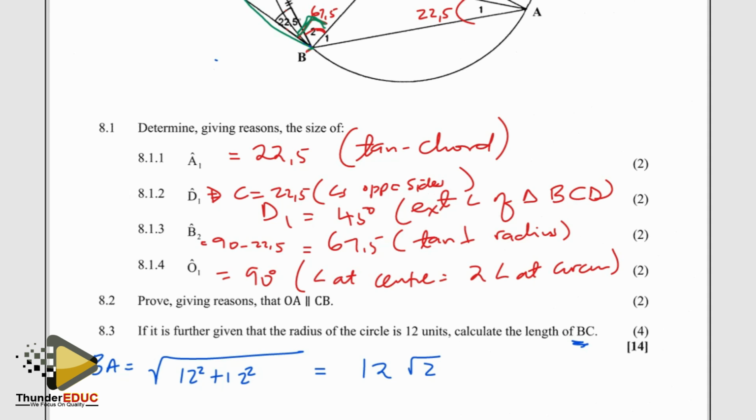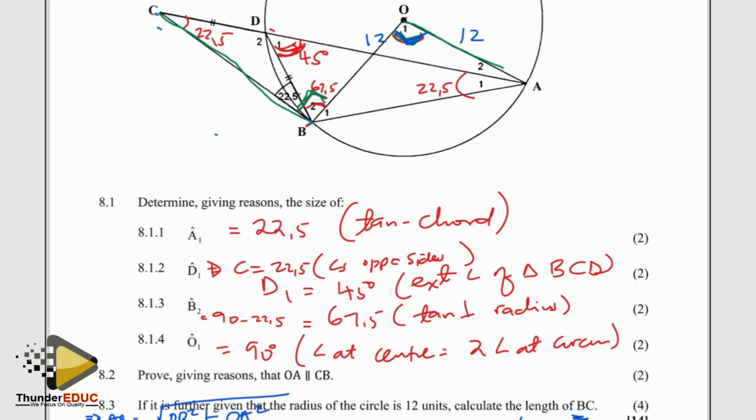That's what I'm getting, right? 12 squared plus 12 squared, getting 12 root 2. So use the Pythagoras. You can write the Pythagoras theorem and tell us that AB is going to be the square root of OB squared plus OA squared.